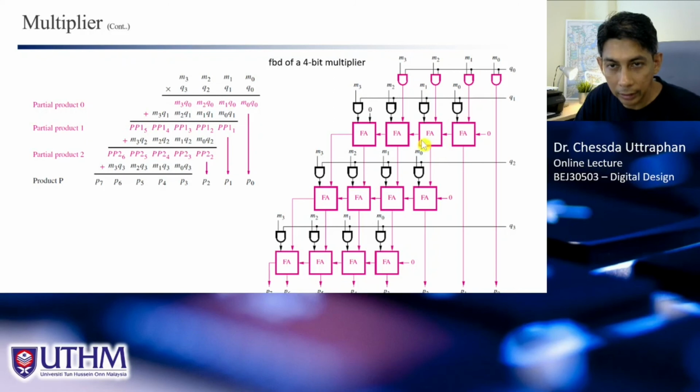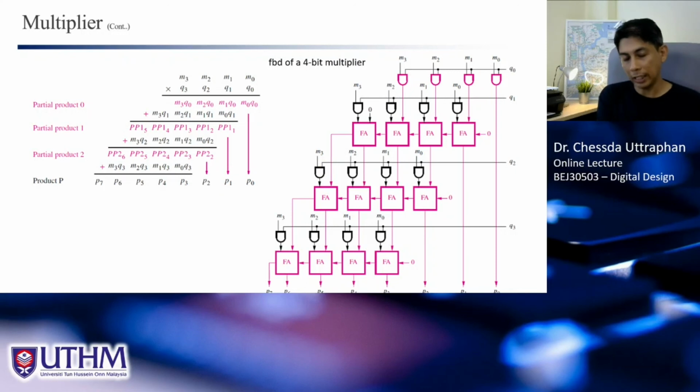And here again, M1 Q1 add with M2 Q0, we add, and we have the output, which is this one. Yeah, we add, and we need to add with another one, M0 Q2, which is this one. We add and we get P2, and so on, right?